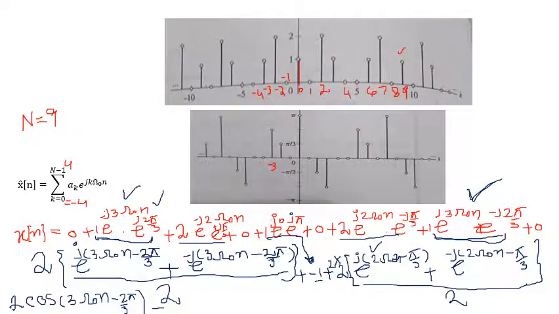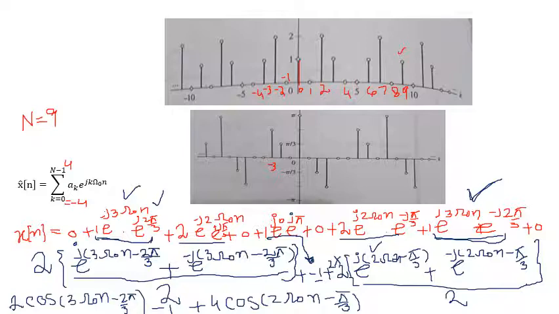And minus 1, which is this one, and plus 2 2s are 4, so it will be 4 cos of 2 omega naught minus pi by 3.